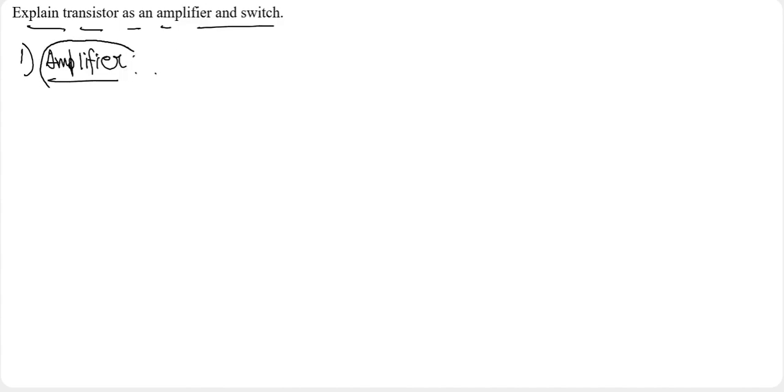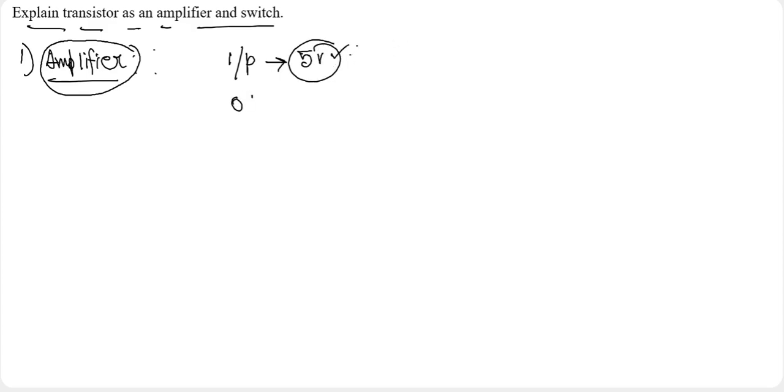This amplifier helps in the amplification process. Now, what is the amplification process? Amplification is the phenomenon in which the magnitude of the input signal gets boosted or increased at the output. For example, at the input side, we are giving a 5-volt signal, with a peak magnitude of 5 volt.